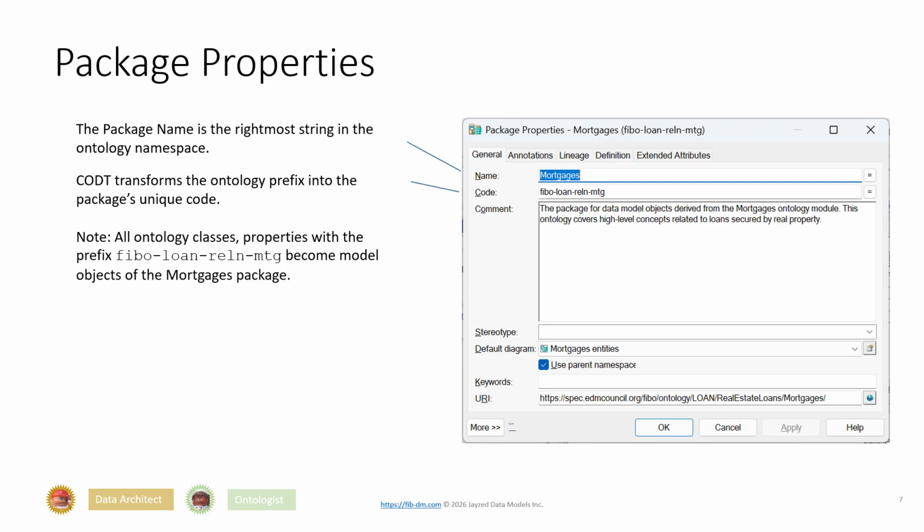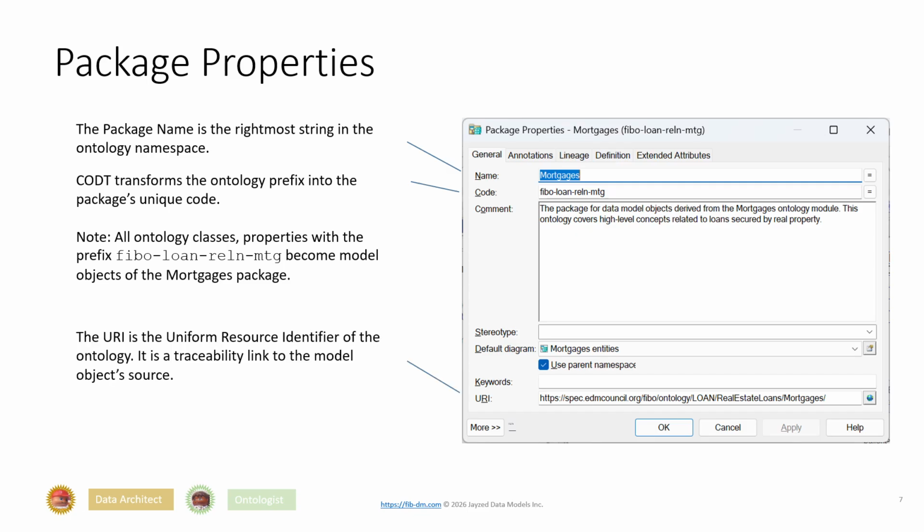All ontology classes and properties with the prefix FIBO, loan, ERWin, MTG become objects in the model package. In other words, all mortgage entities have their code starting with FIBO, loan, ERWin, MTG. And the URI is the uniform resource identifier of the ontology. And this is a hot link. You have the traceability, you can click on it, and you are in the FIBO.